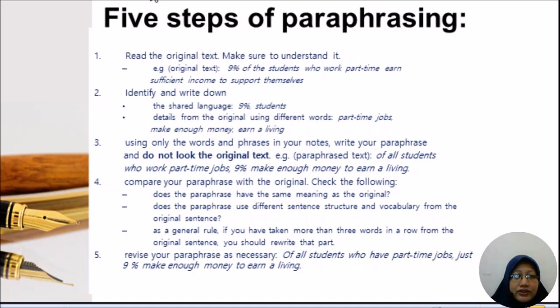And then the third step: using only the words and phrases in your notes. Use your own words in your notes. Write your paraphrase and do not look at the original text. Why?